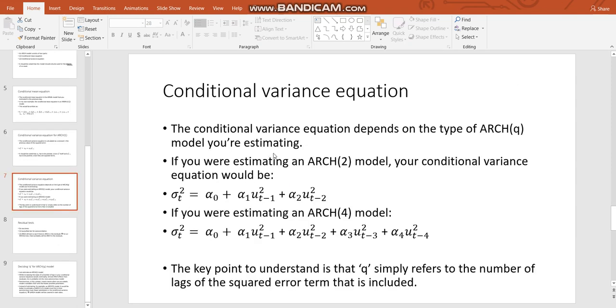I've got examples in another slide just to emphasize what I mean. This is the conditional variance for an ARCH(2) model, and that right there is the conditional variance for an ARCH(4) model. All you have to bear in mind is that the number in brackets refers to the number of lags of the squared error.